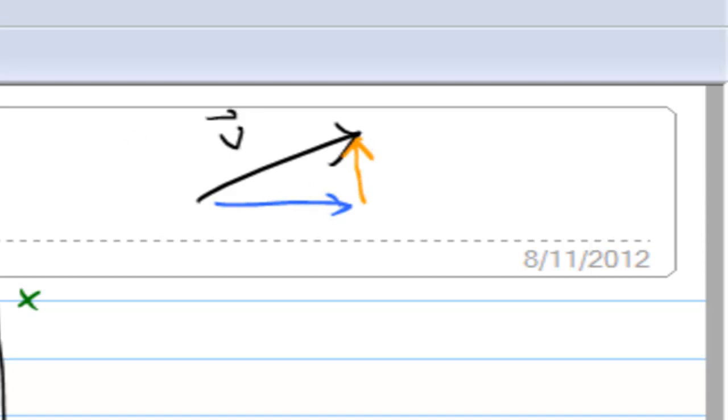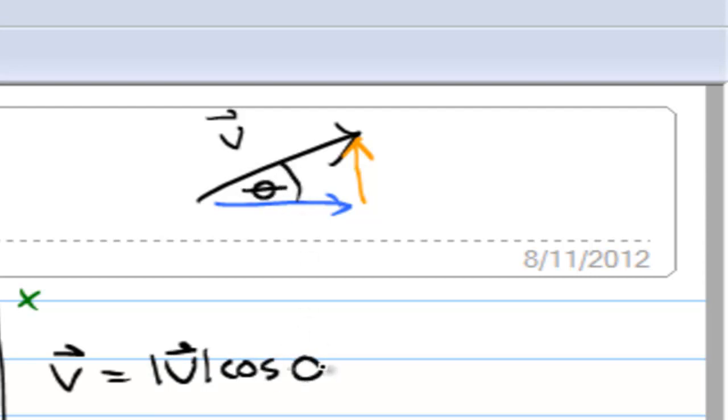To represent vector V in its horizontal and vertical components, we take the magnitude of V times the cosine of the direction angle theta, that would be that theta in there, times the unit vector I. That means we're in the horizontal direction.